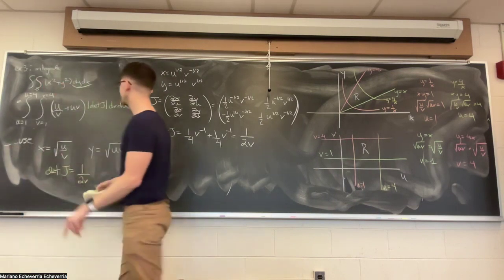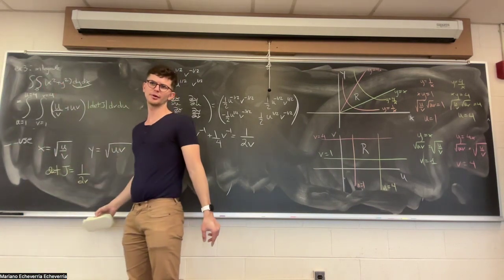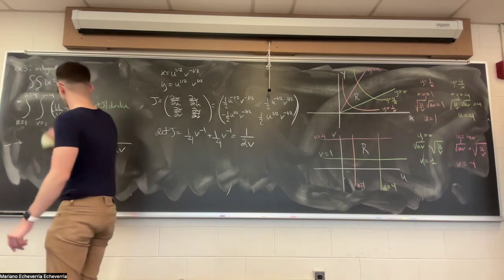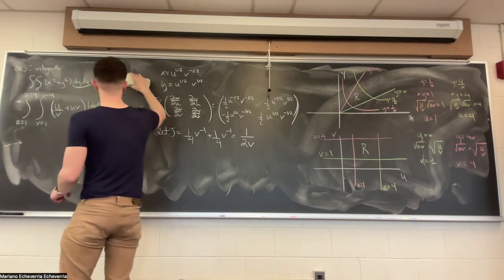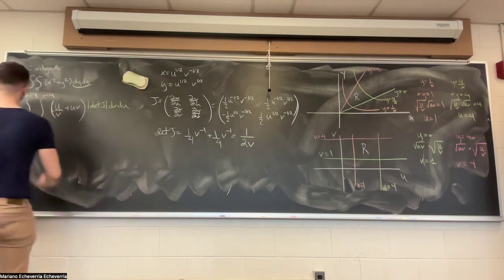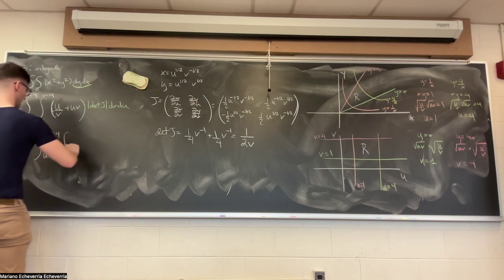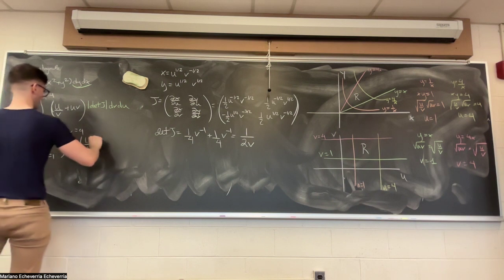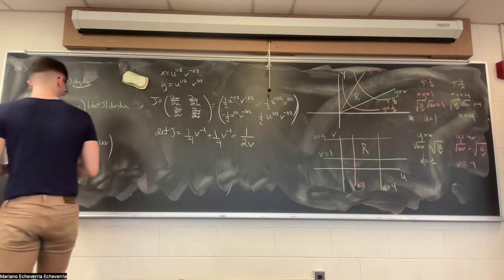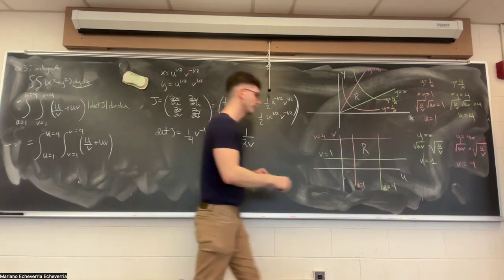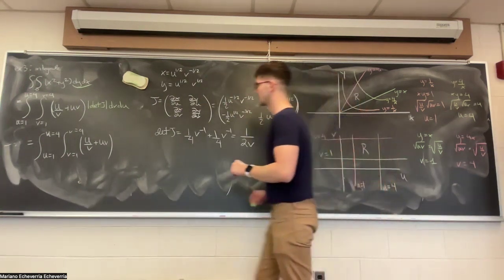Here v is always positive, so you don't have to worry about the absolute value. So I'll just replace this with 1 over 2v dv.